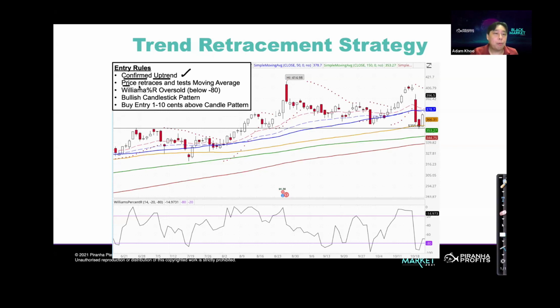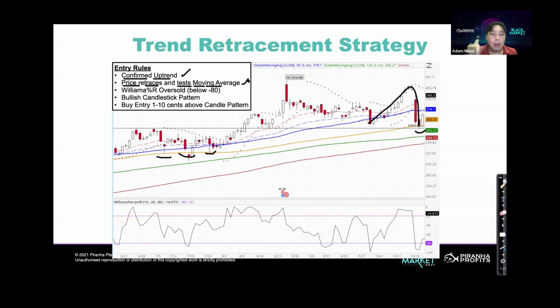Next, did the price retrace and test the moving average? So wave up, wave down, and it's hitting the orange moving average. It's the 100 moving average, and this was tested before here. You can see it has been tested here. So this is a tested moving average.